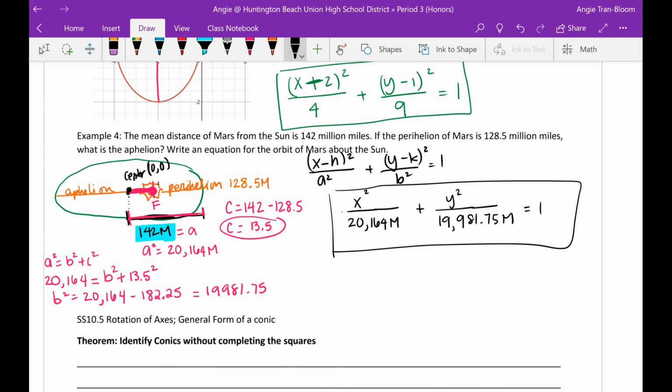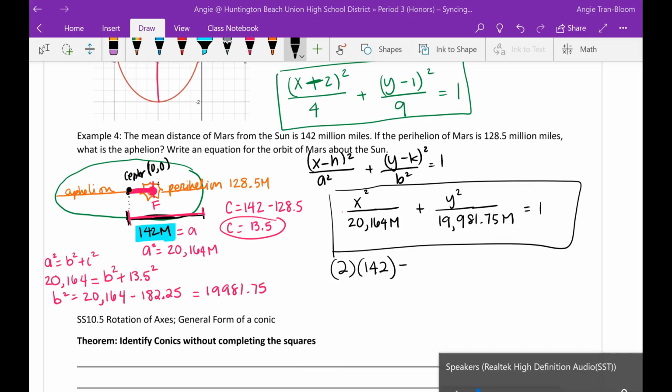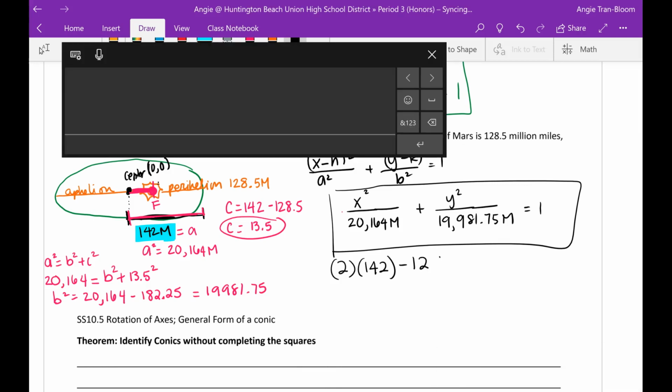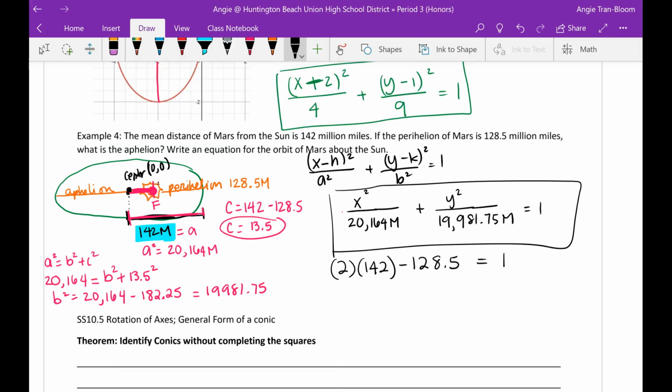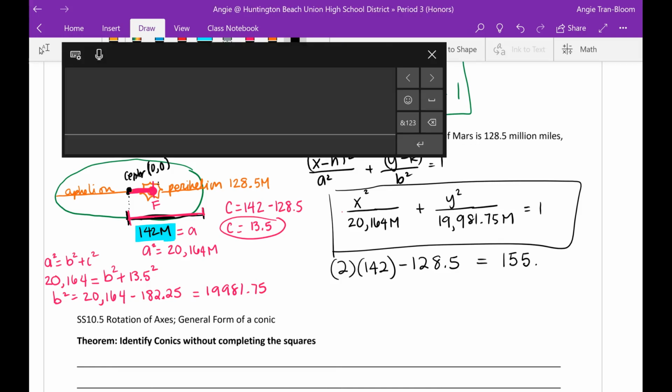Then it wants to know what the aphelion is. Aphelion is that longer distance. So all I'm going to do is take 2 times the mean distance in terms of millions, take away my shorter distance, which is 128.5 million. That gives me 155.5 million miles as the aphelion.